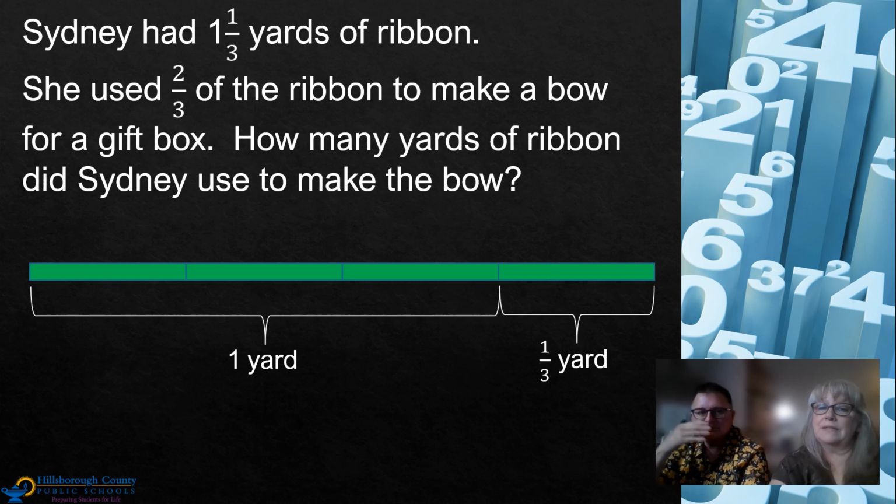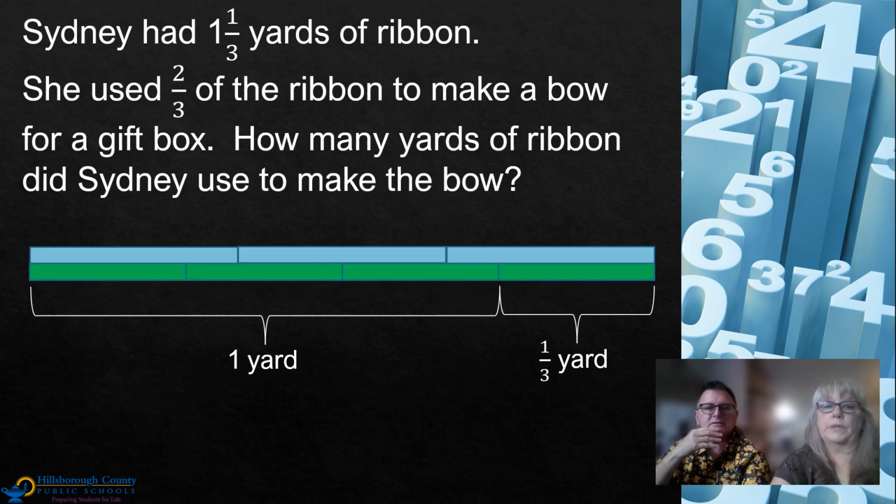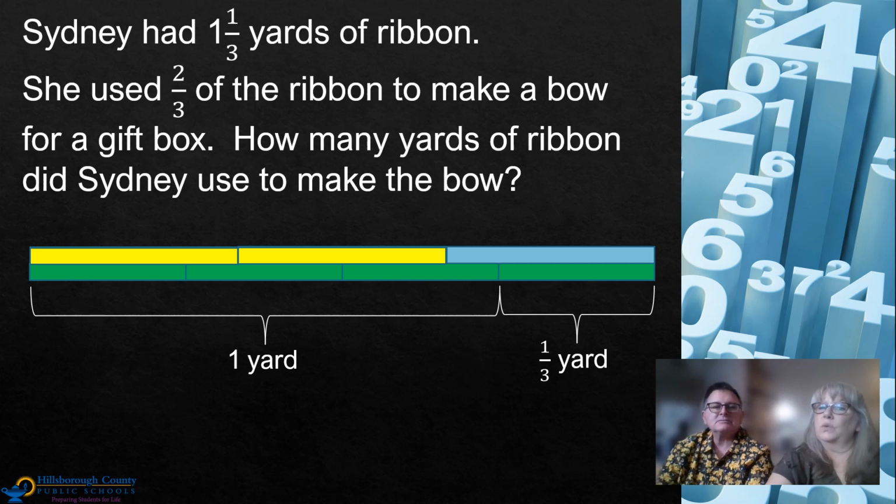So I have to take that entire length of ribbon and separate it into 3 equal parts. Here are my 3 equal parts of the whole length of ribbon, not of 1 whole yard, but of the 1 1/3 yards. Of that, I need 2/3 of that ribbon, so I'm going to take 2/3 of that 1 1/3 yards. But when I'm naming my product, it is going to be a fraction of a yard.